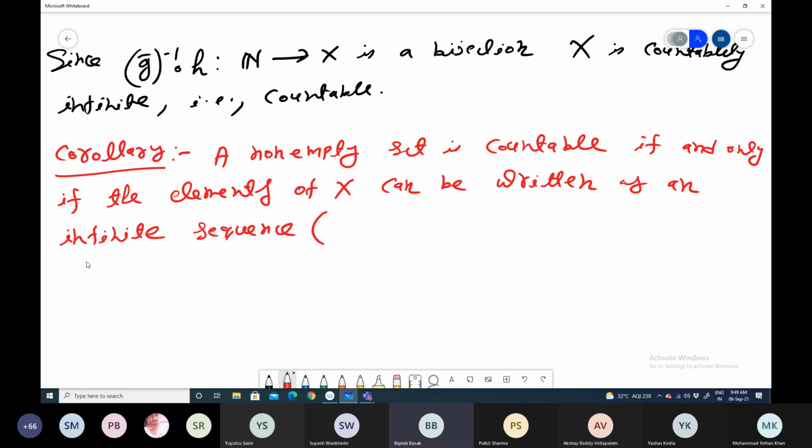And remember that when we say infinite sequence, the terms can be repeated.